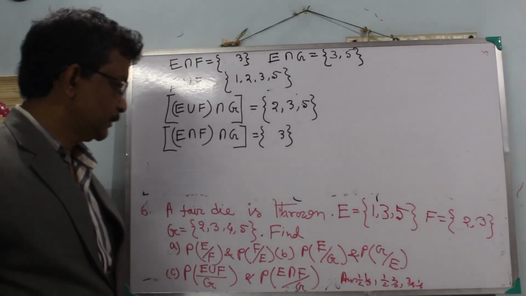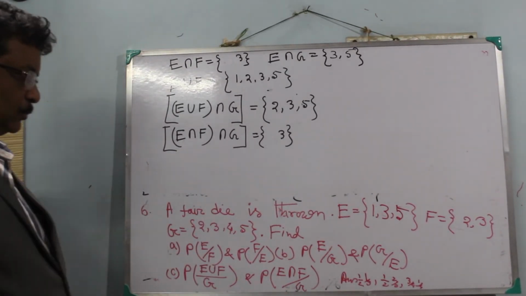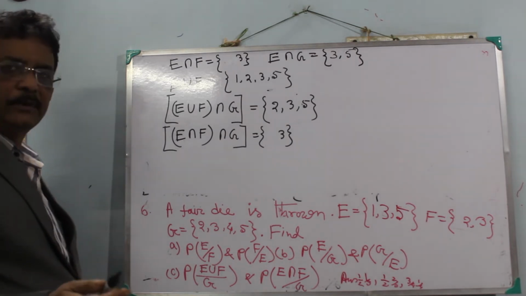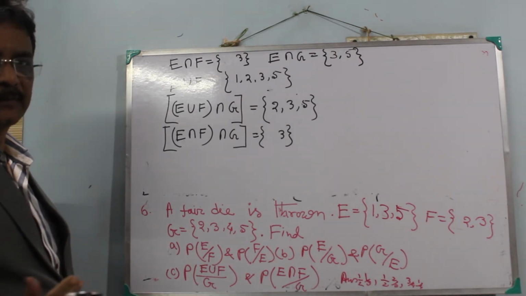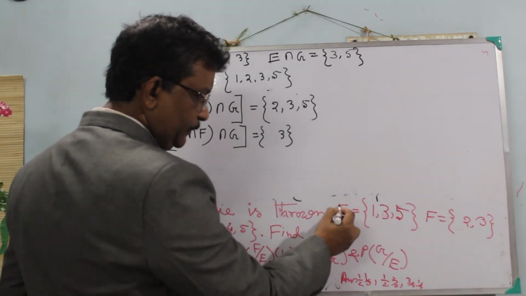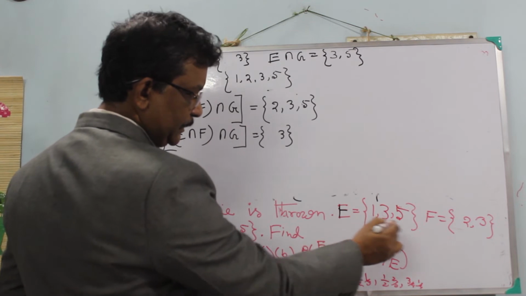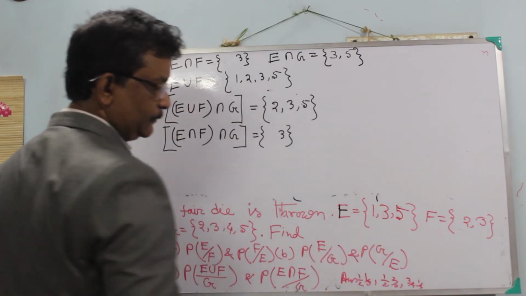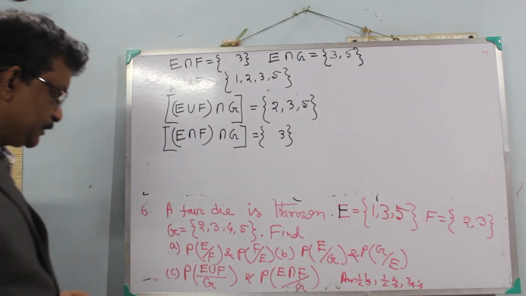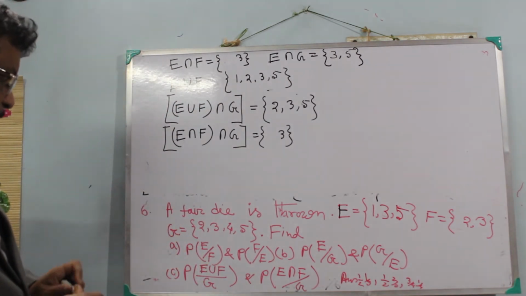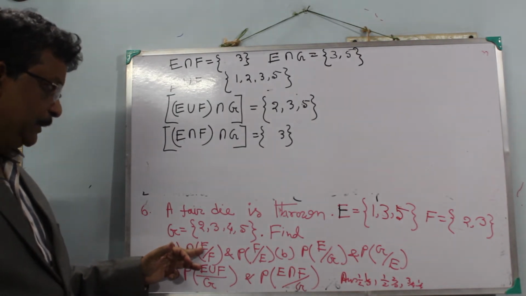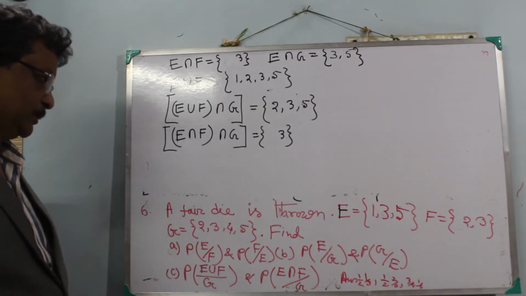Problem number 6. A fair die is thrown. So you will get either 1, 2, 3, 4, 5, 6. Event E is 1, 3, 5, event F is 2, 3, and event G is 2, 3, 4, 5. Find the probability of E when F has occurred.